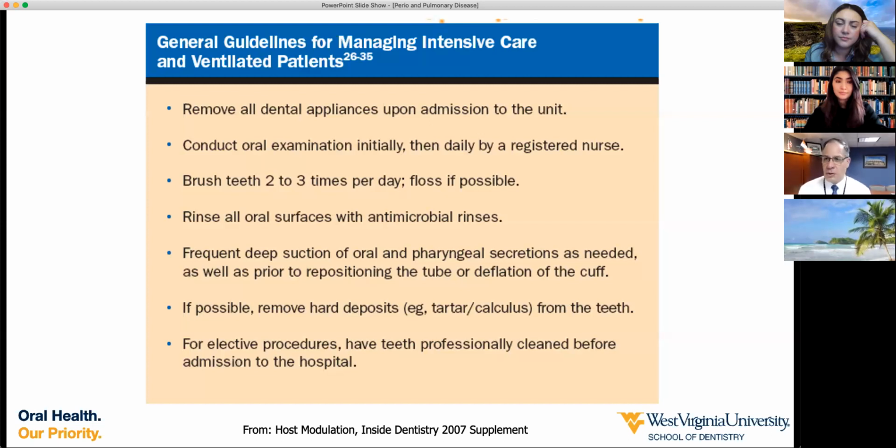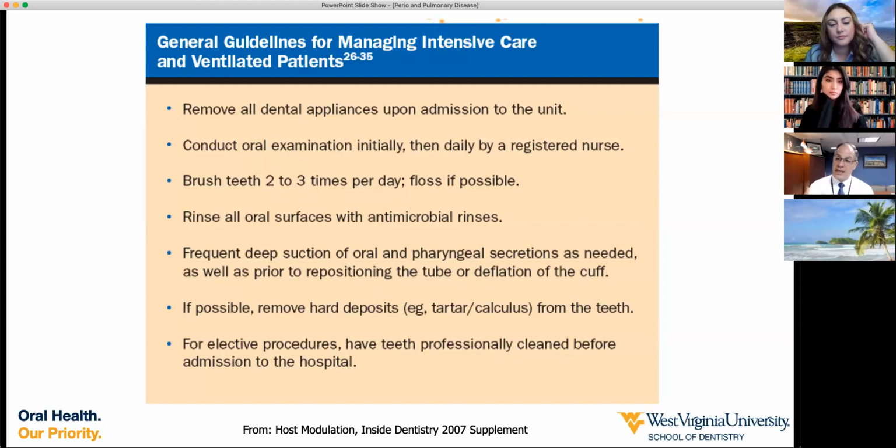That's the tartar that we're all familiar with that the hygienist has to remove when we go in for our recall evaluations. This would require someone with dental training, and if you have a hospital with a dental service, this would be an ideal step to take. But if you don't have someone on staff, you may have to look at bringing someone from outside to help you with this step.